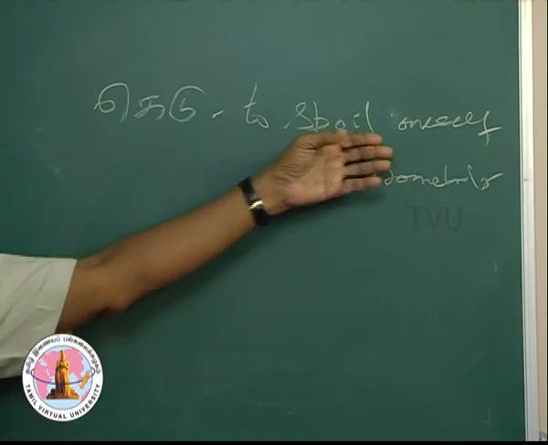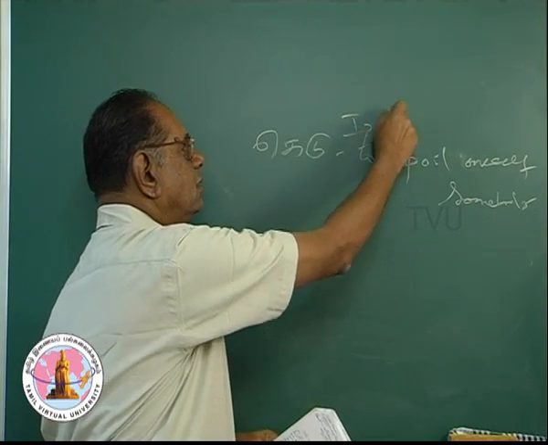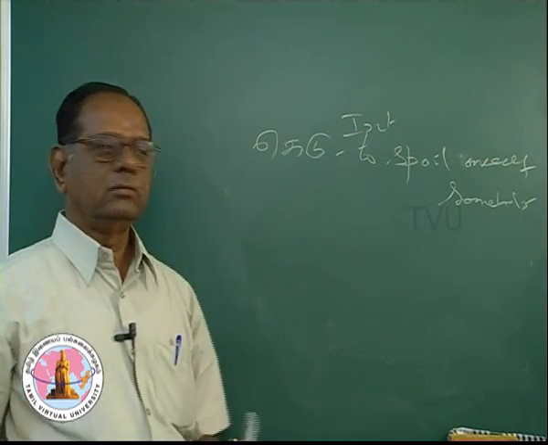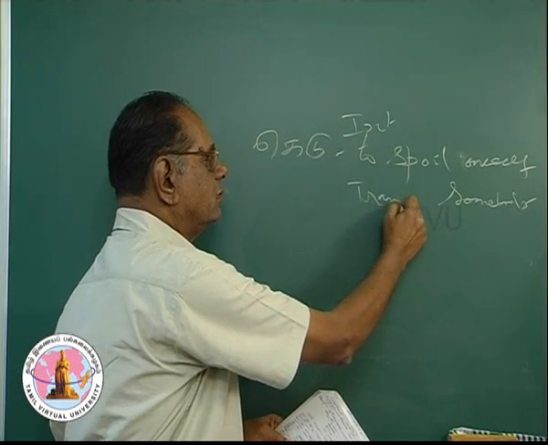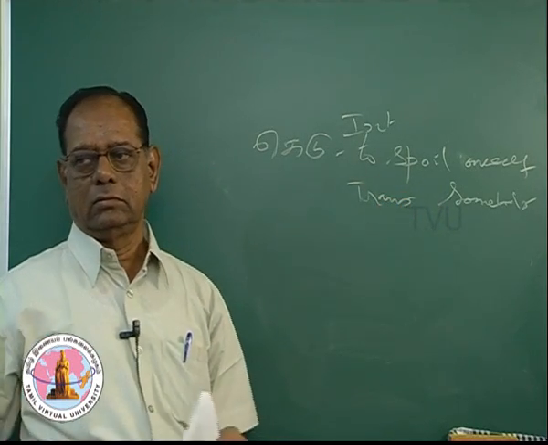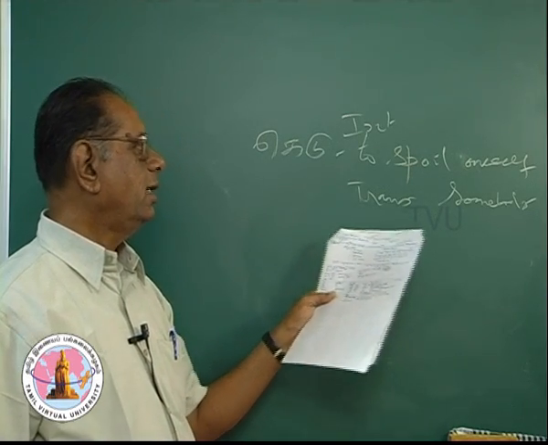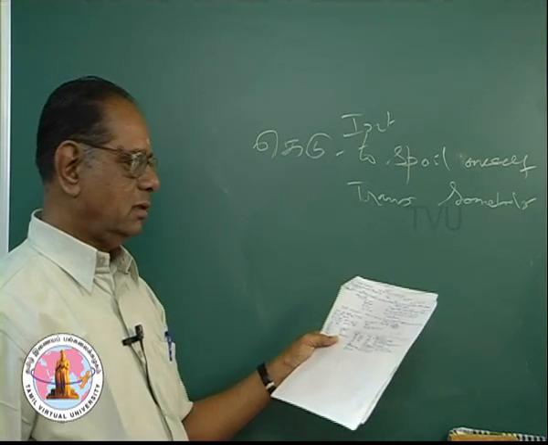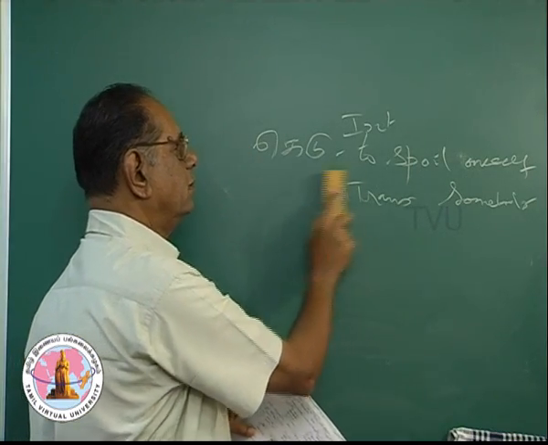To spoil oneself is intransitive. To spoil somebody else is transitive. And we get a clear picture of this when it is conjugated.